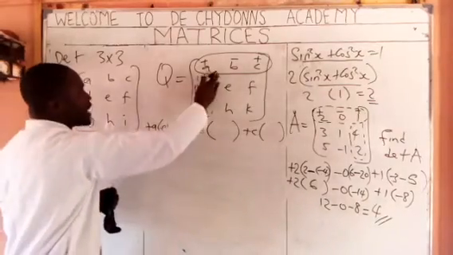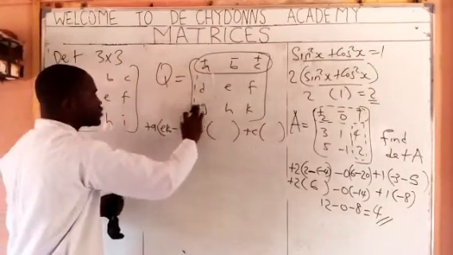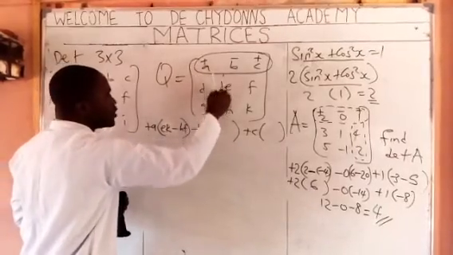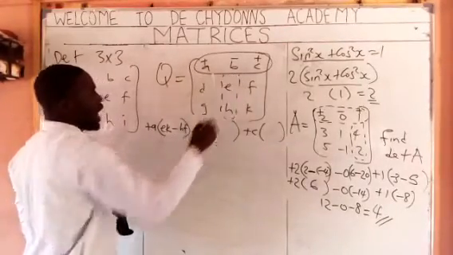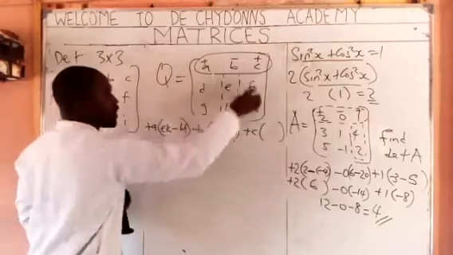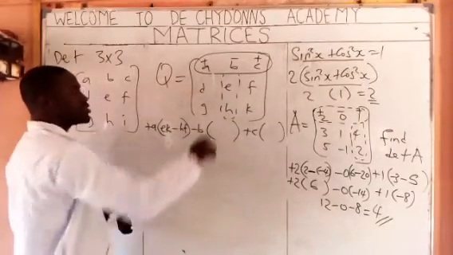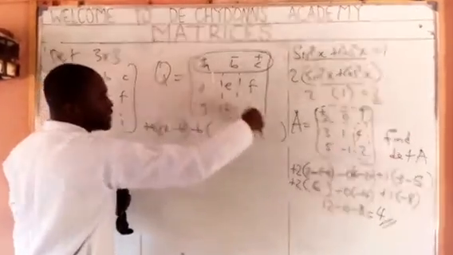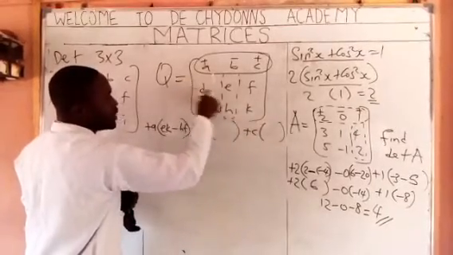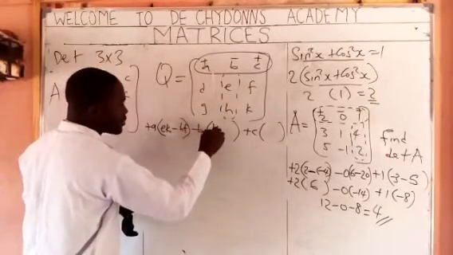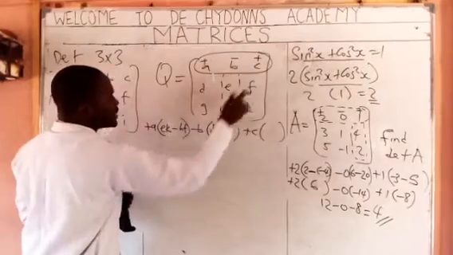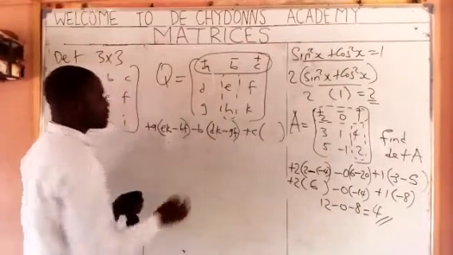Then, after getting it, you clean the first column and circle the second column. How many elements will appear? 1, 2, 3, 4. Get their determinant. To get the determinant, multiply the diagonal elements first. D times K, DK. Minus G times F, GF.